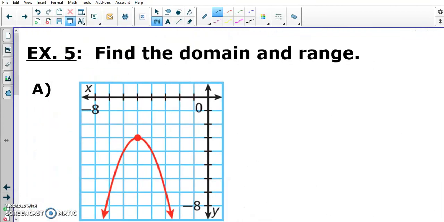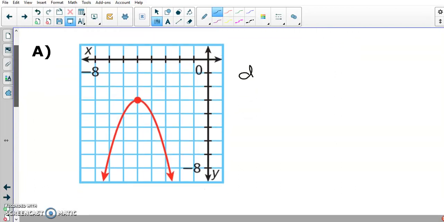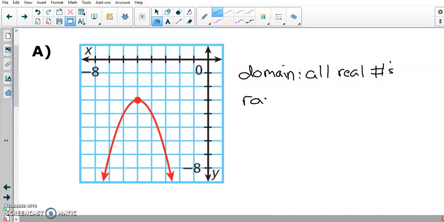All right, let's take a look at a new graph. Okay, domain and range here. Domain will be all real numbers. Range are just the y values.